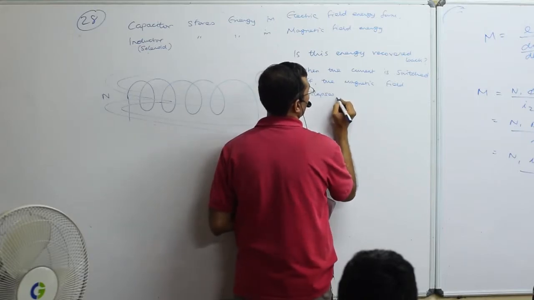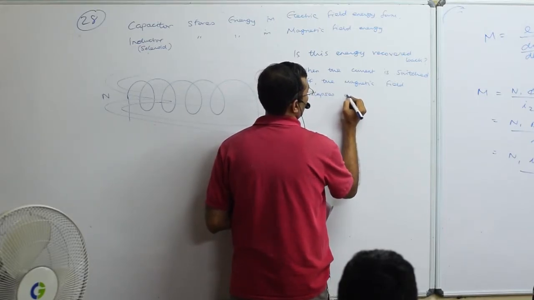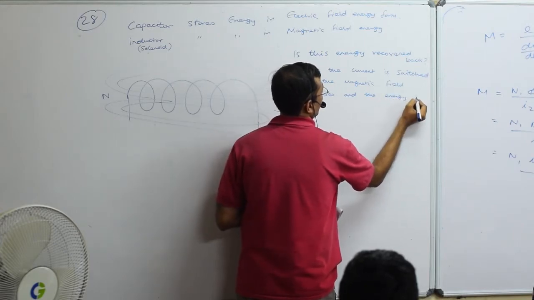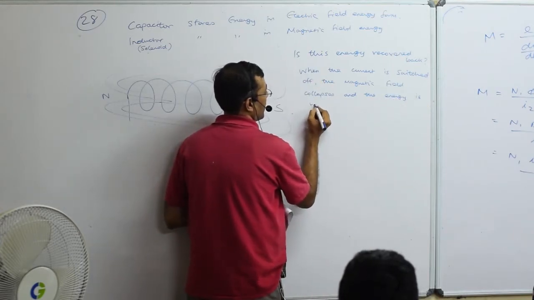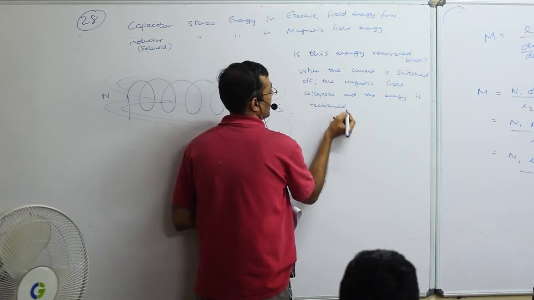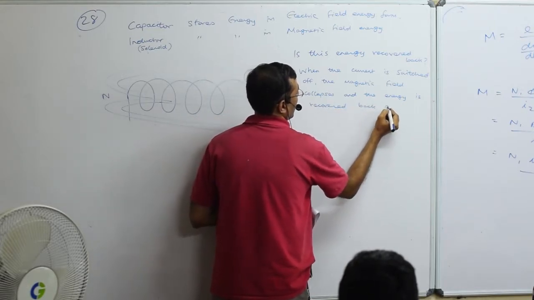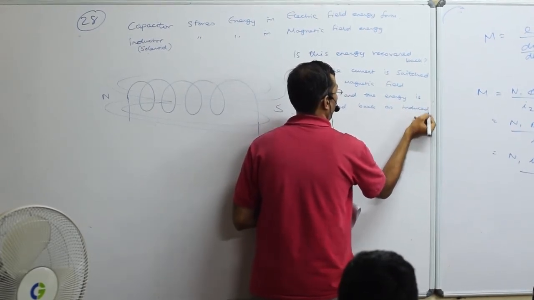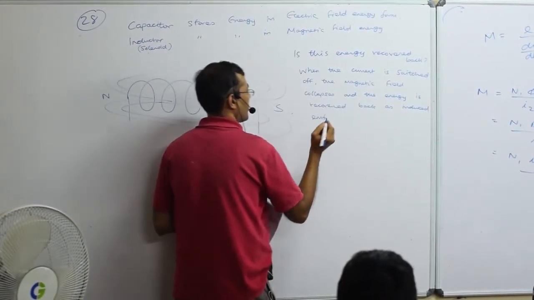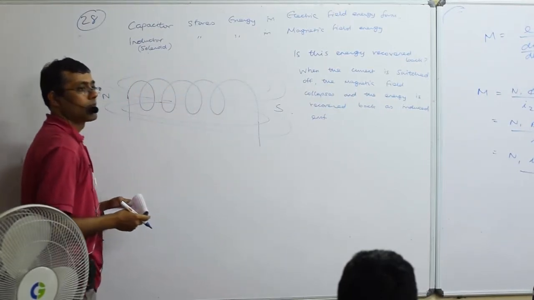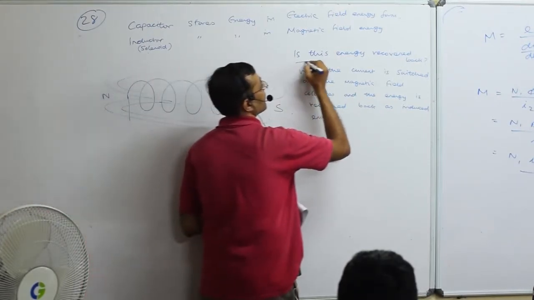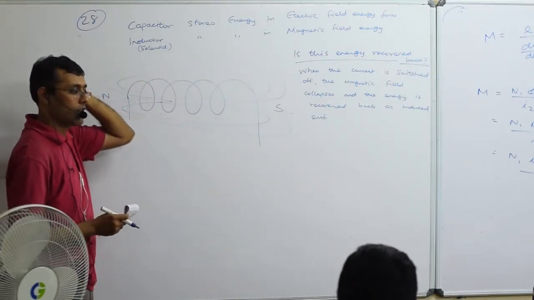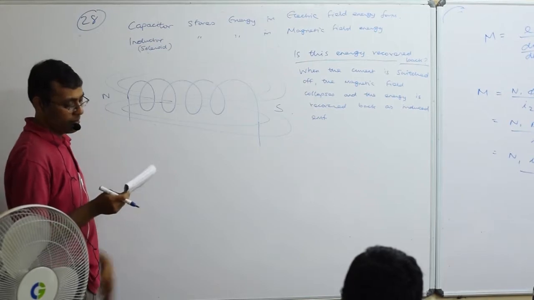The magnetic field collapses, and the energy is recovered back as induced EMF. So that's the reason we saw the LED was glowing when you break the circuit.